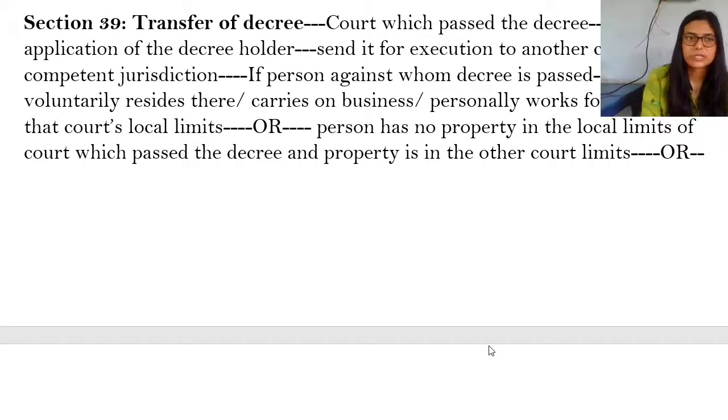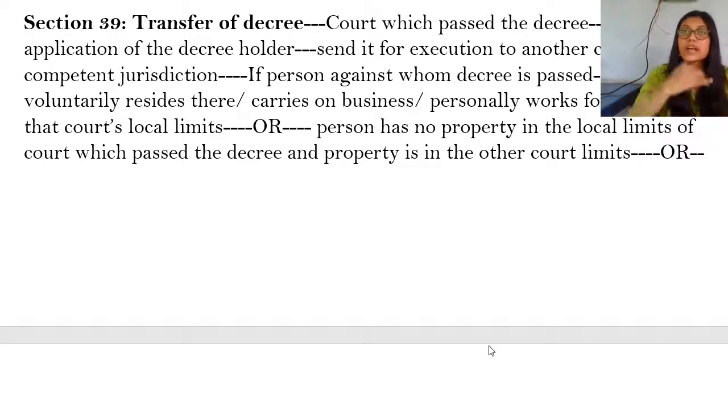Now, whichever court has passed a decree, the decree holder may apply that please send this particular decree for execution to another court which is of competent jurisdiction, because the person against whom this decree was passed is actually or voluntarily residing there or carrying on business there or is working for gain in that local limits.